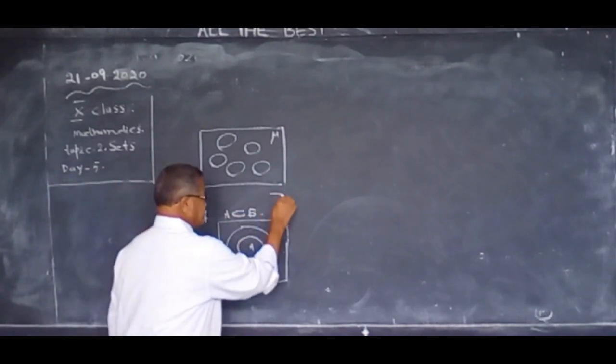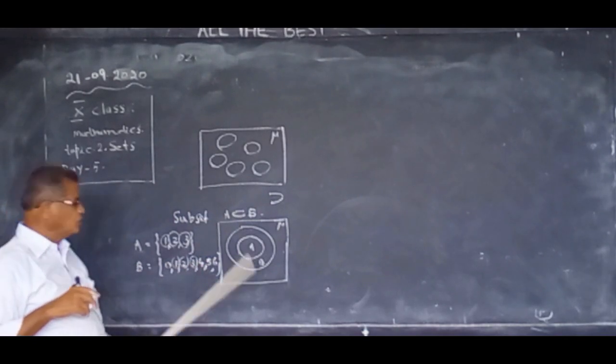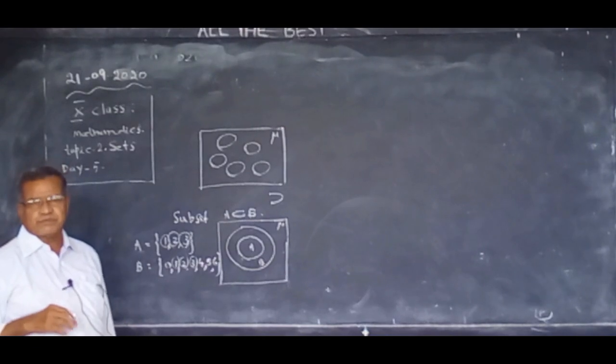Superset is the reverse. So these are the types of sets.